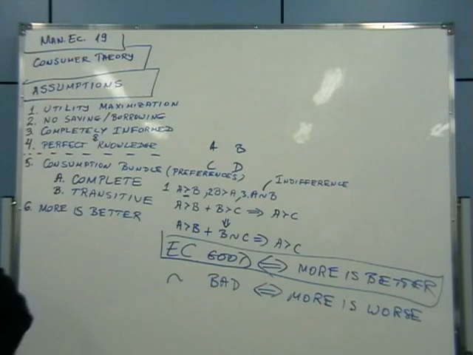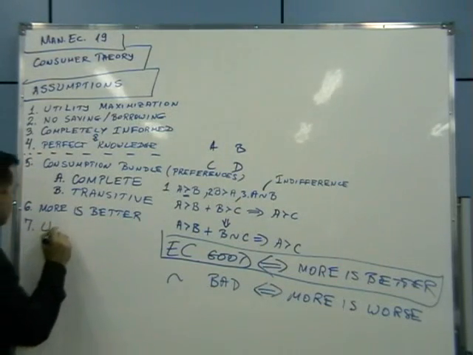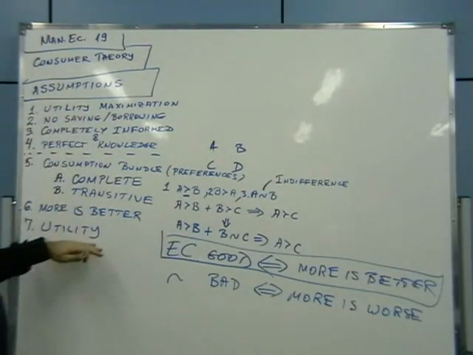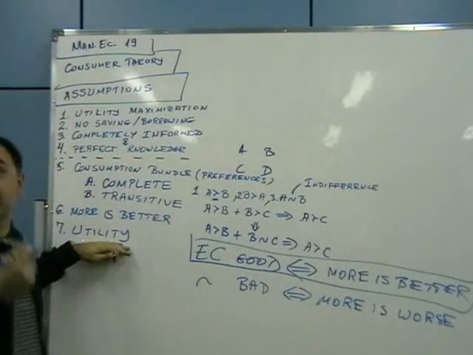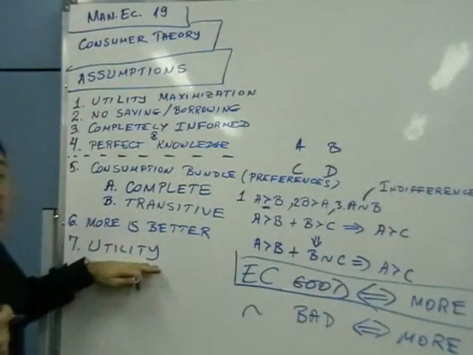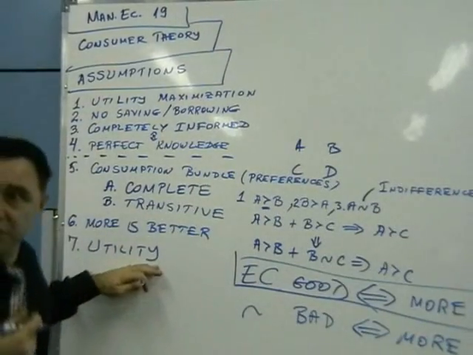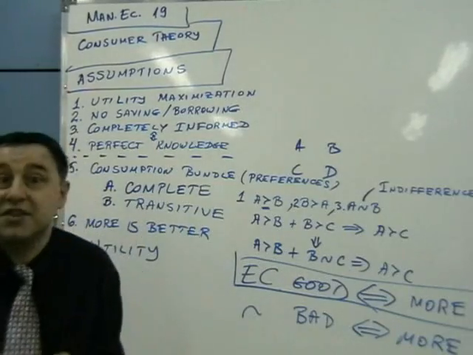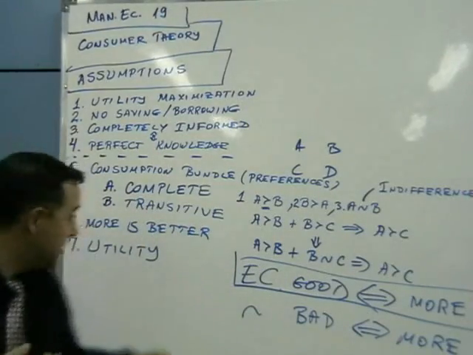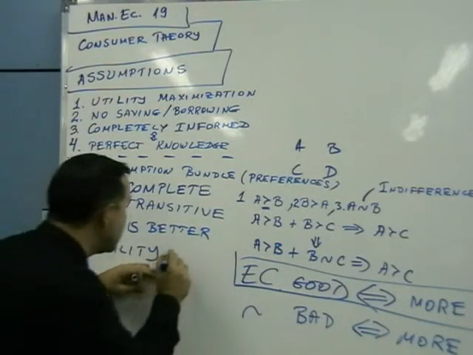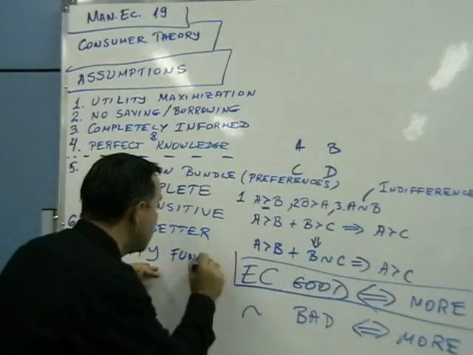Alright, so what else? Assumption number 7 is that people actually derive utility. First of all, it simply says, when people consume, they get utility. Of course, this is elementary, this is trivial. But what it says is that there is utility and there is moreover a utility function.